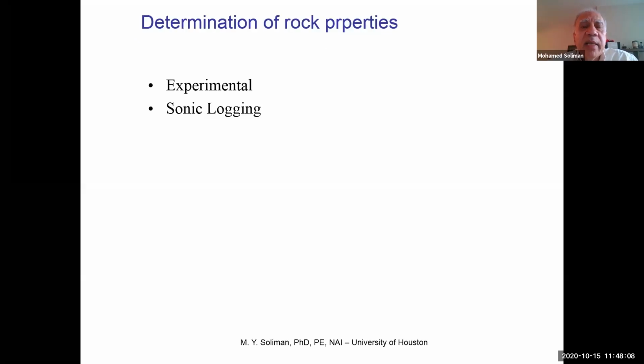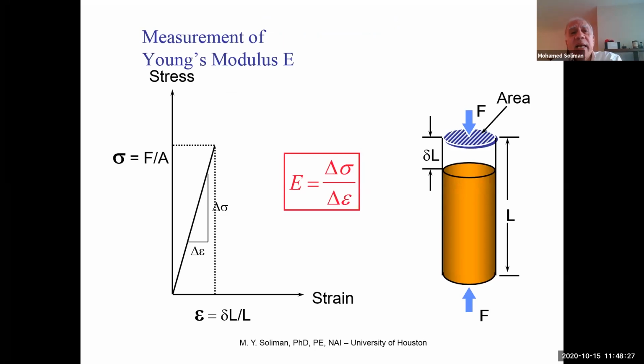So let's look at the mechanical properties: Young's modulus, Poisson's ratio, and Biot's constant. We do it experimentally, as we have done in the lab many times, and we also do it from logs. If I do it in the lab, and there is a difference between the two, and the difference is kind of important.